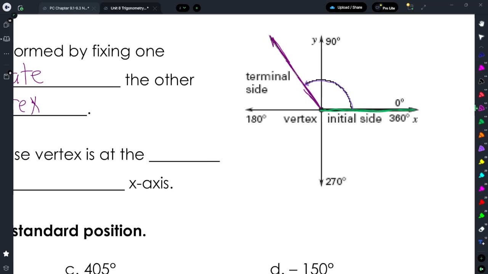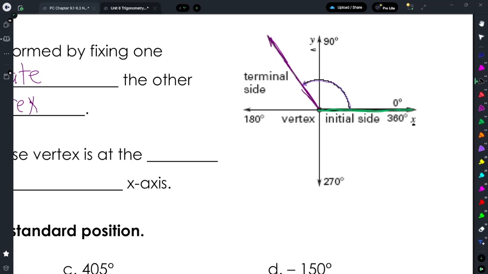So we rotated counterclockwise. Now, this is also based on a coordinate plane, and you may not have realized that. Here's your x-axis and here's your y-axis. So your quadrants 1, 2, 3, and 4, those are some things that we still need to remember when talking about this stuff.